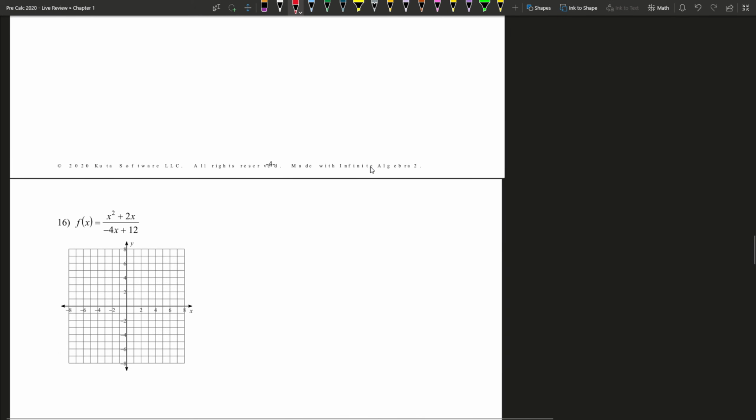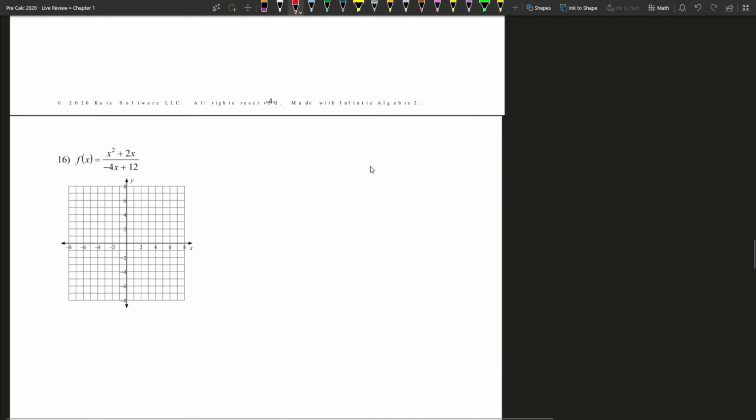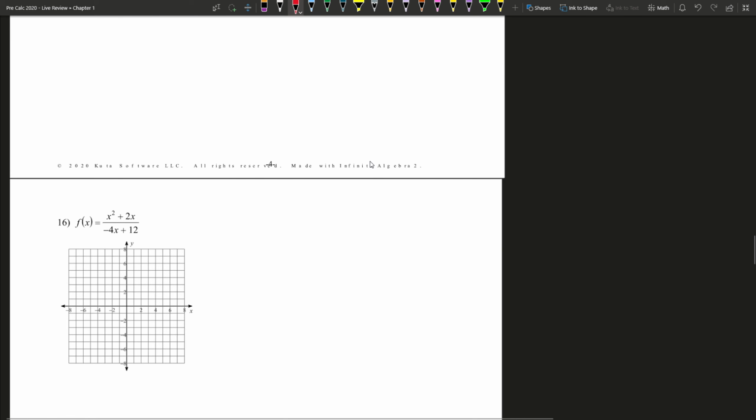For number 16, it gets a little bit more complicated. I'm just going to make this a little bit simpler and rewrite this. You don't necessarily have to do this, I like to do this just because sometimes it clears some things up.